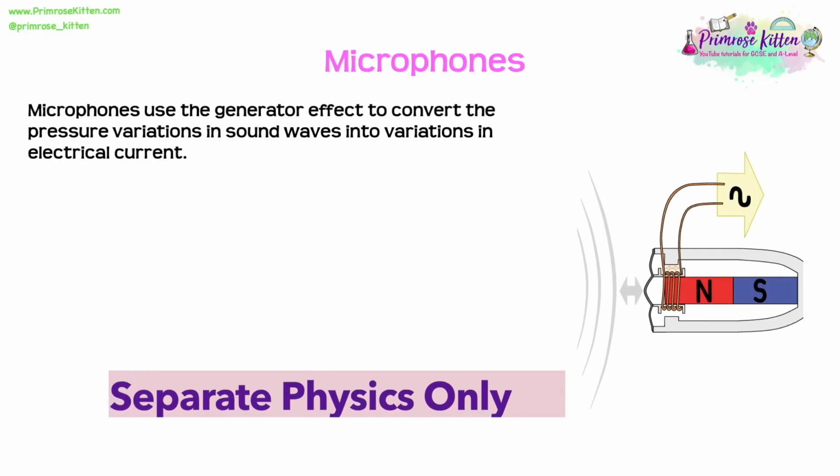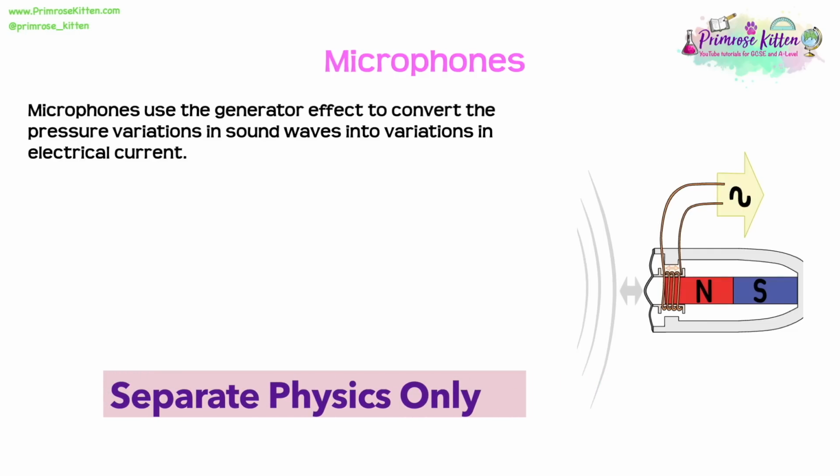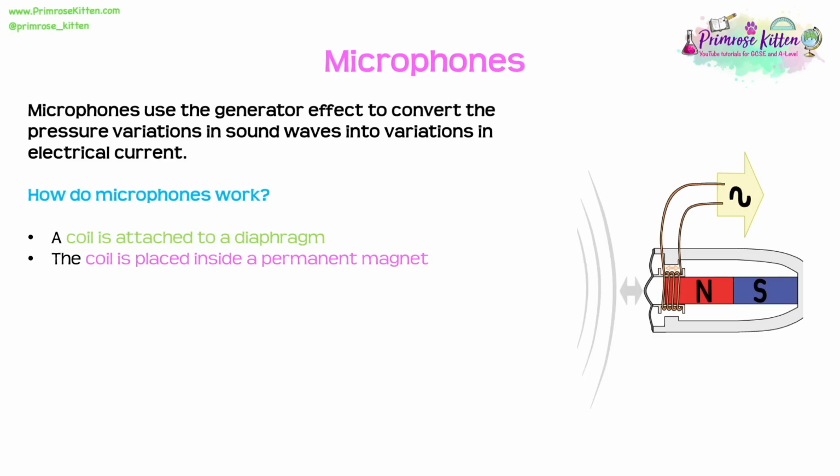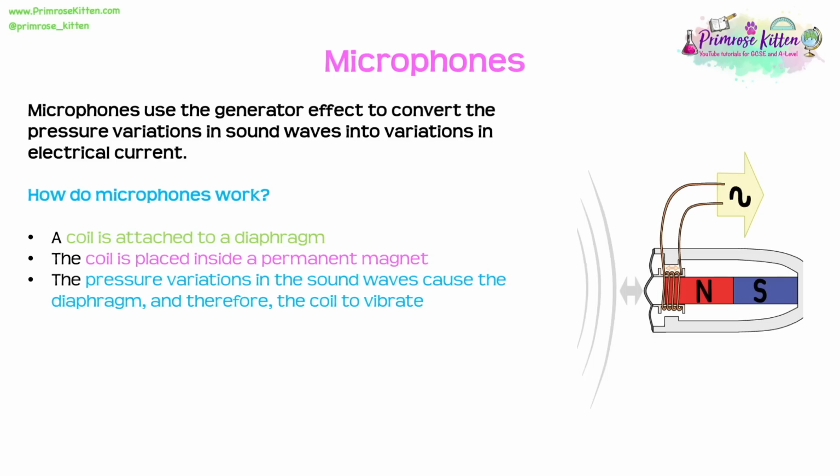Microphones make use of the generator effect to convert the pressure variations in sound waves into variations in electrical current. So let's describe the steps as to how microphones work. First things first, we attach a coil to a diaphragm. The coil is then placed inside a permanent magnet, and the pressure variations in the sound waves cause the diaphragm, and therefore the coil it's attached to, to vibrate.